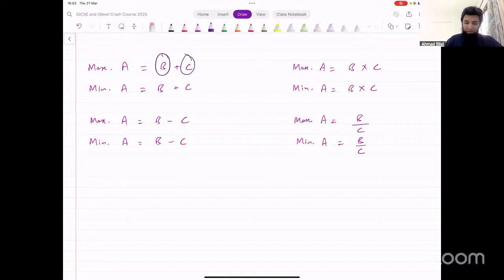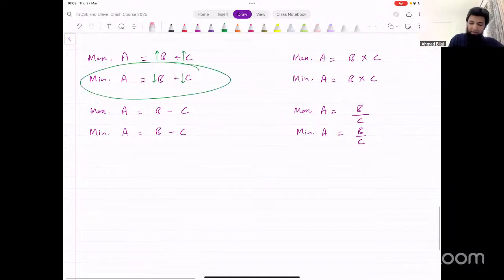We would have to maximize both B and C. We would need the maximum possible value of B and the maximum possible value of C, and that is going to give us the maximum possible value of A. If we want the minimum possible value of A, since we're adding these two numbers, we would want the minimum possible value of B and the minimum possible value of C. If both numbers are small, their sum is also going to be small. Okay, so we would want both the numbers to be as small as possible.